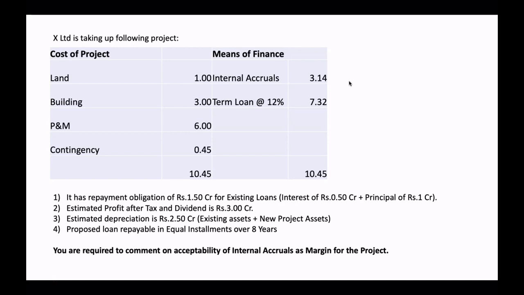From that, if you deduct this 3.14 crore, which is going to be used as a margin, you will get your net internal accrual, and it is that net internal accrual available for servicing the existing loan of 1.5 crore as well as the proposed loan. Okay, proposed loan plus interest. So let's do that exercise.